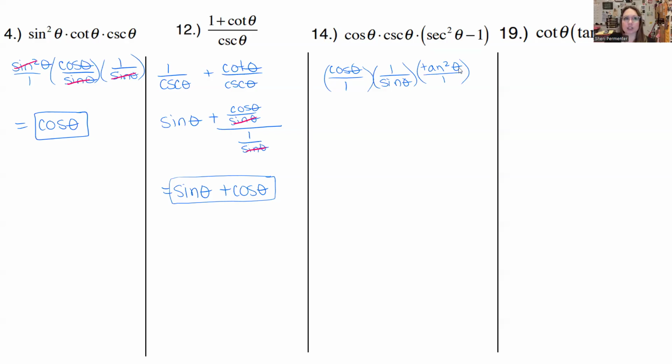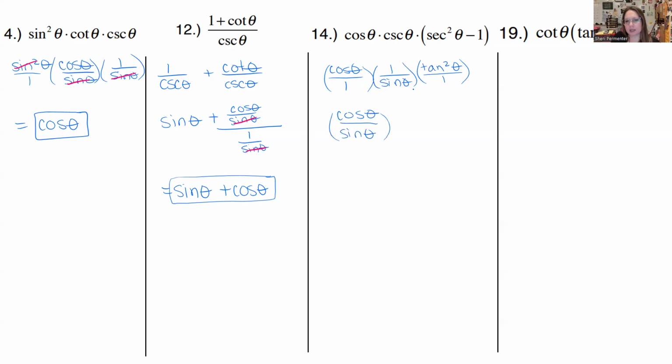Okay. Well, what's tangent? Sine over cosine. So I could say cosine. And I could put these together if I wanted. Like this could be just one fraction. Cosine over sine.